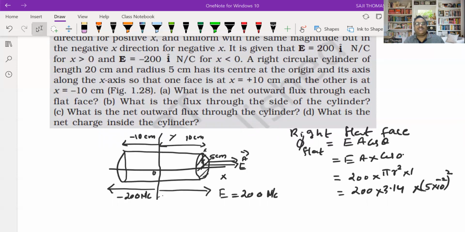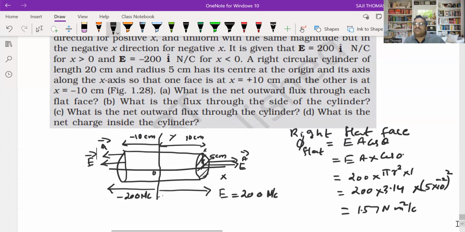When you calculate, you get 1.57. Then consider the flux through the left flat surface. The electric field is along the negative X direction, and the normal is also along the negative direction. There also the angle between the electric field and area is 0, theta is 0 only.